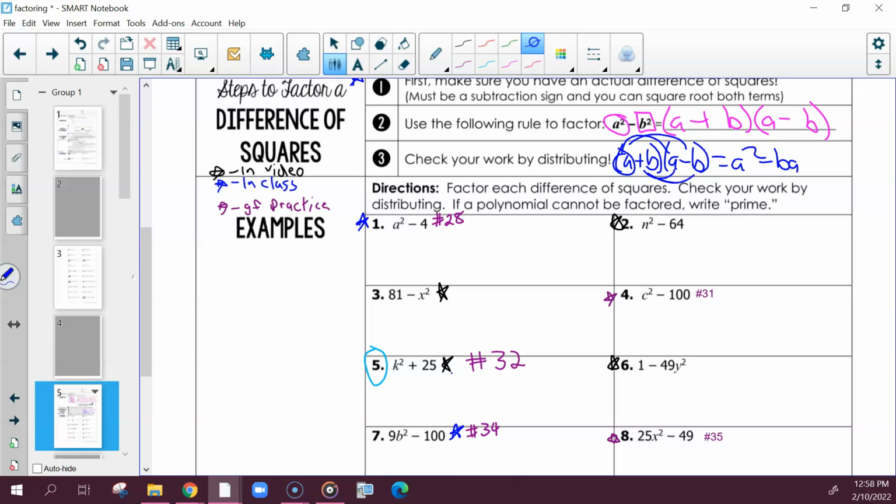And then b times all of this would be plus ba minus b squared. Those would cancel, leaving a squared minus b squared. So that does work. You could always distribute it back out to see, did I do this right? Did I get the correct numbers?